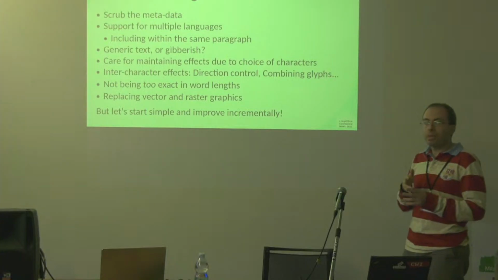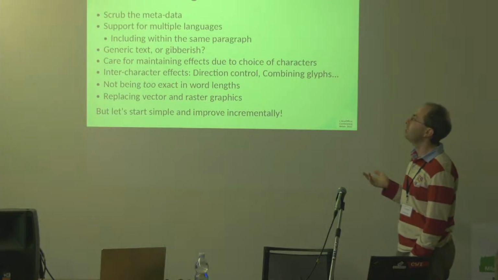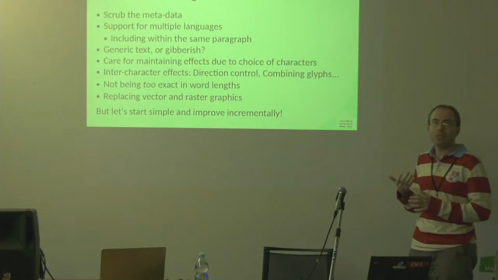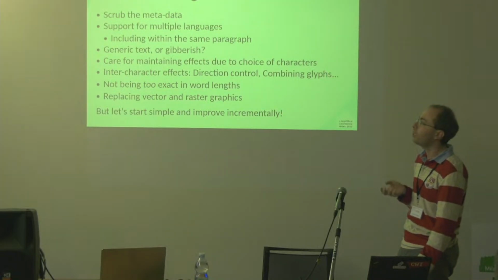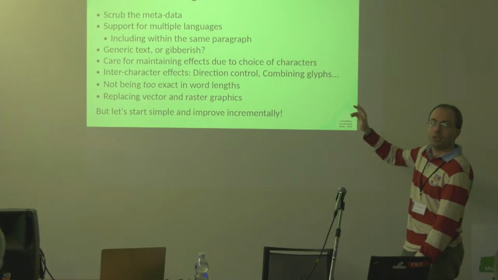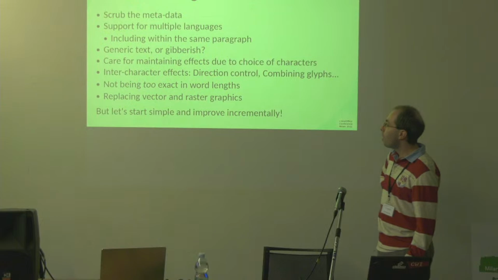Do you want to replace it with some generated text or gibberish or fixed text? And then you want to try to maintain as many effects as you can due to the choice of specific characters, and inter-character effects like connections in Arabic, where the letters have connecting forms.